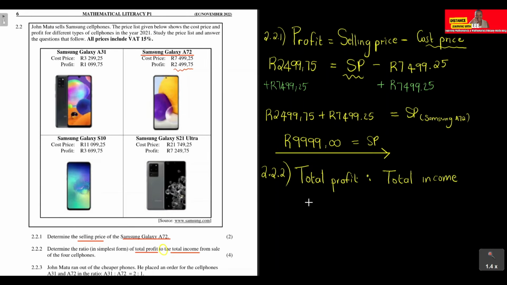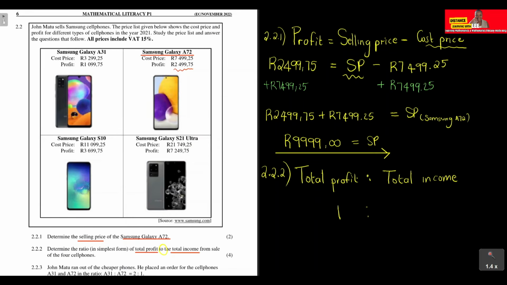So we need to determine the total profit and the total income, then put them into our ratio and get it in simplified form. If we want it in simplified form, we want it in the form of 1:something, and that is going to be our starting point.